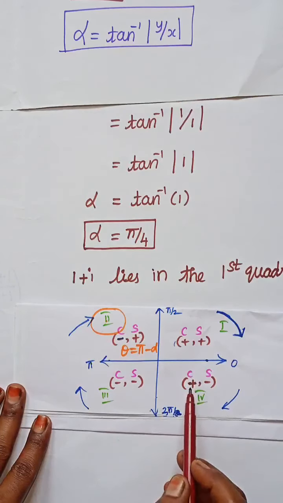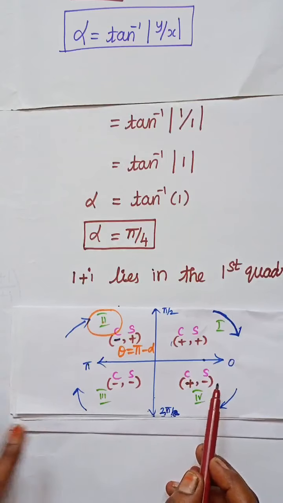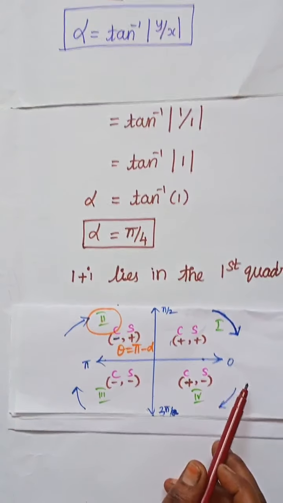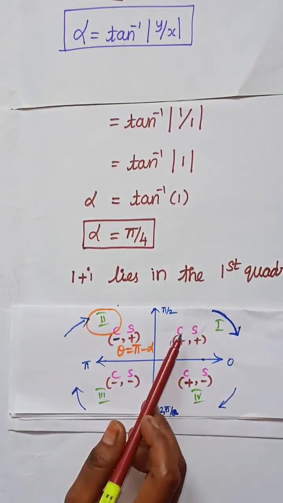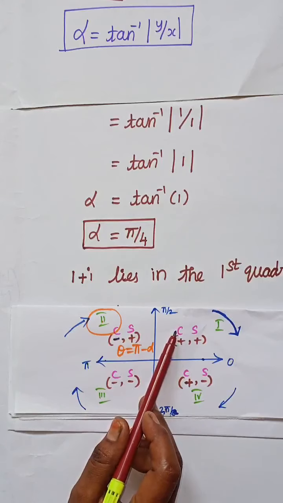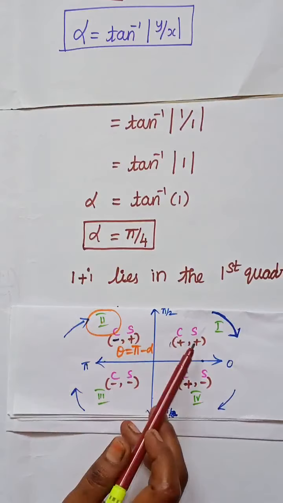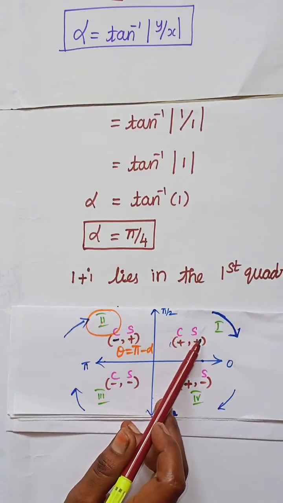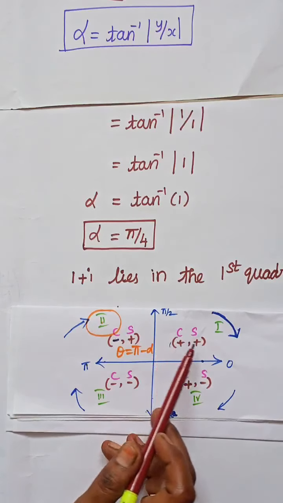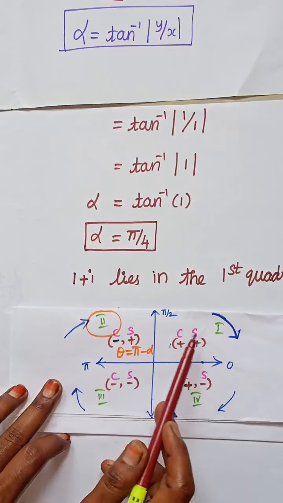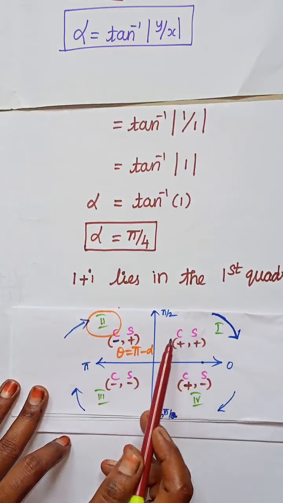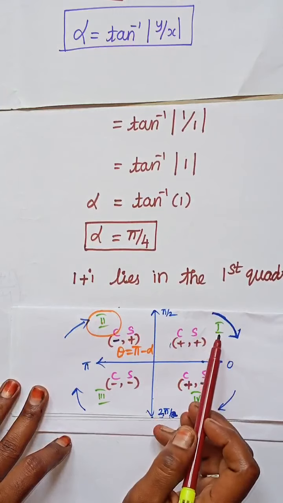Fourth quadrant: cos positive, sin negative. In the given question, the x value, the real part, cos value is positive, and the y value, the imaginary part, sin is positive. So both are positive.